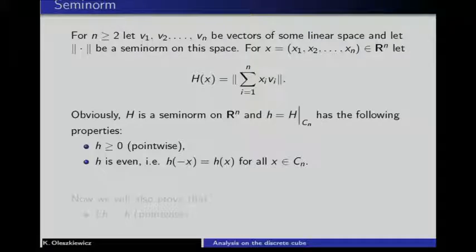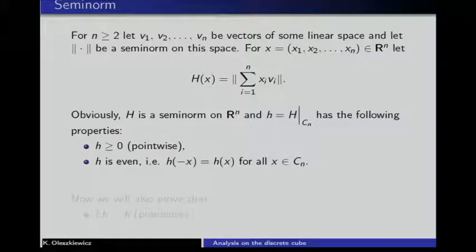Okay? So I hope it's clear why I say that this is a semi-norm, not a norm, because it may happen that these vectors are linearly dependent. And even if you start with a norm on your Banach space, it may happen that, for example, v1 minus v2 is equal to 0. Right? And then for the vector (1, 1), you will have this semi-norm h equal to 0. Okay? So really this degeneration to a semi-norm may happen.